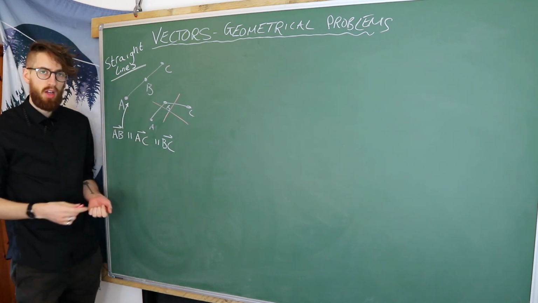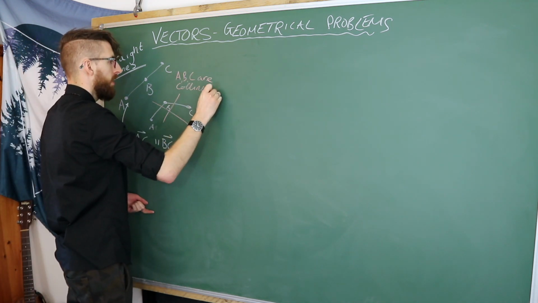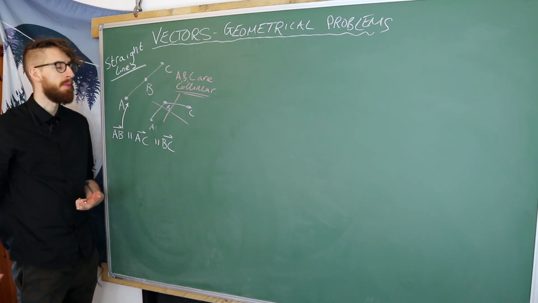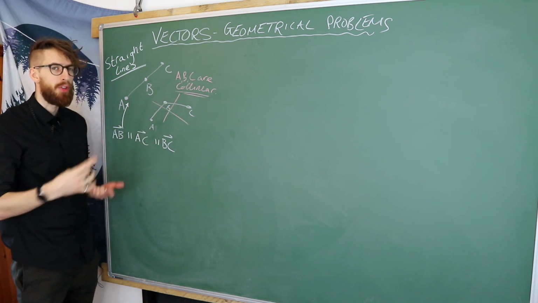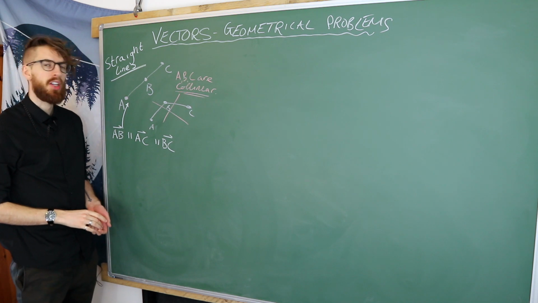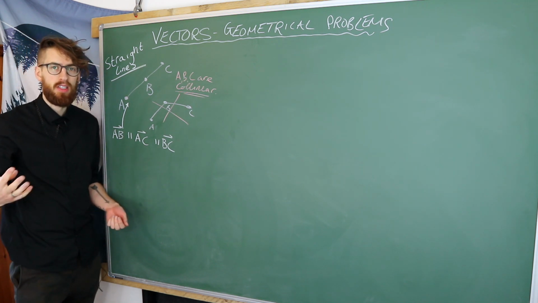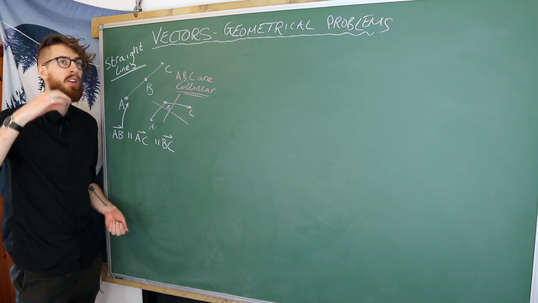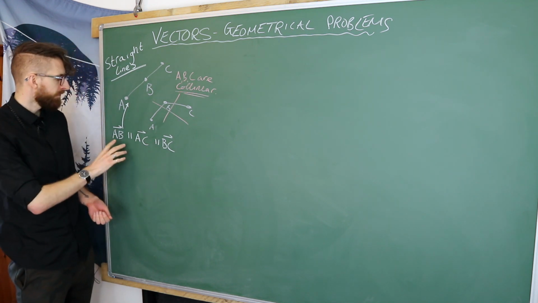A, B, and C are collinear. This is a double L for collinear. It's co, as in complement, then linear, but it's a double L. If someone says 3 points are collinear, it means they're all on a straight line. They all share the same linear line.